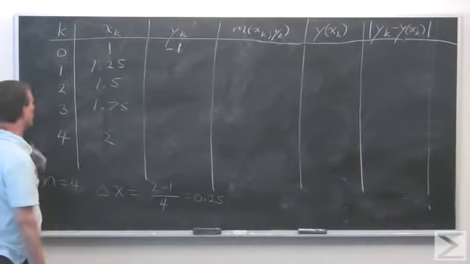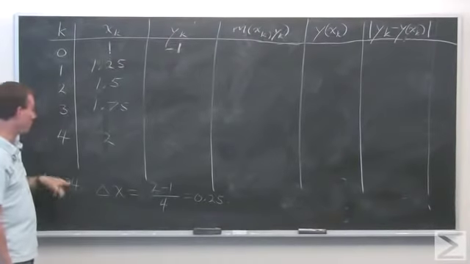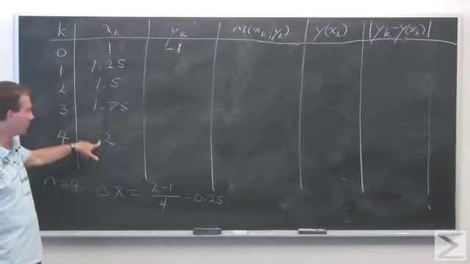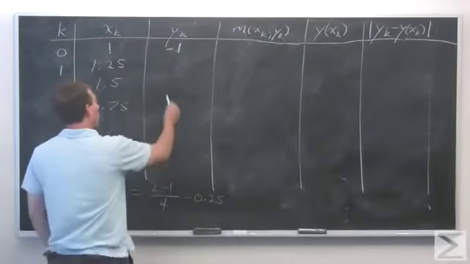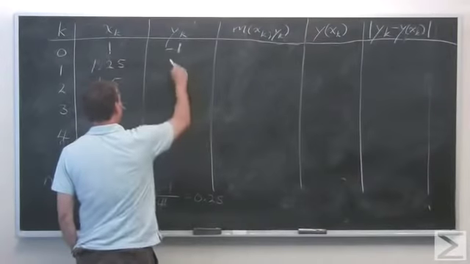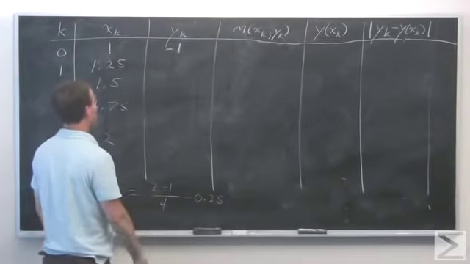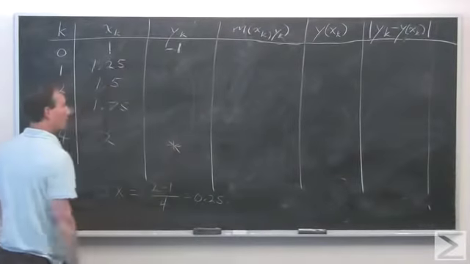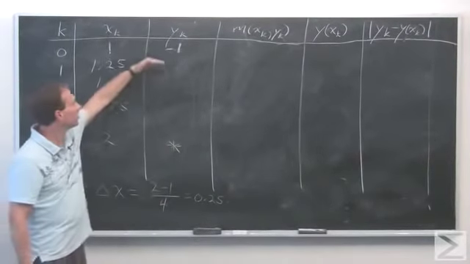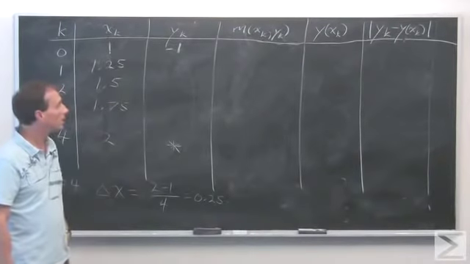If you've done it correctly, when you're at the number of steps you picked, 4 for us, you'll be at the x value for which you're interested in approximating the y value. Our goal is to fill in this column. And if we're really trying to approximate y when x is 2, what we're really after is this spot right here. But we have to calculate these along the way.